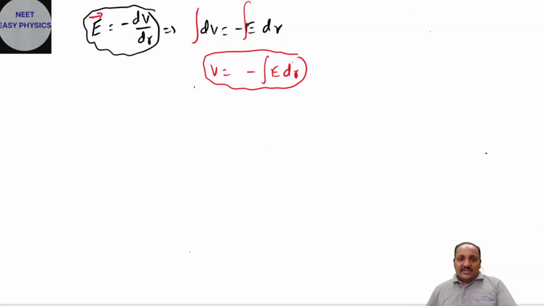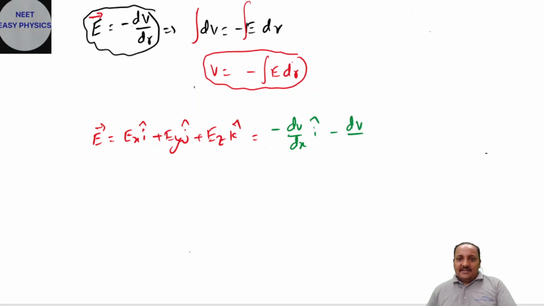In vector notation, we write E bar is equal to Ex i cap plus Ey j cap plus Ez k cap. In terms of potential, it is minus dV by dx i cap minus dV by dy j cap minus dV by dz k cap.